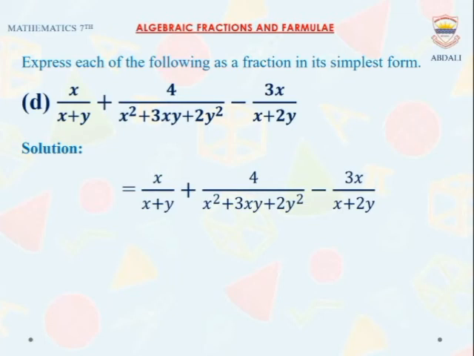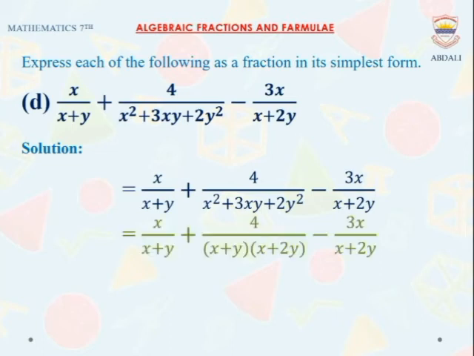In the second fraction, the denominator can be factorized. So x square plus 3xy plus 2y square will be factorized. The denominator of the first fraction is x plus y, the denominator of the second fraction is x plus y times x plus 2y, and the denominator of the third fraction is x plus 2y.